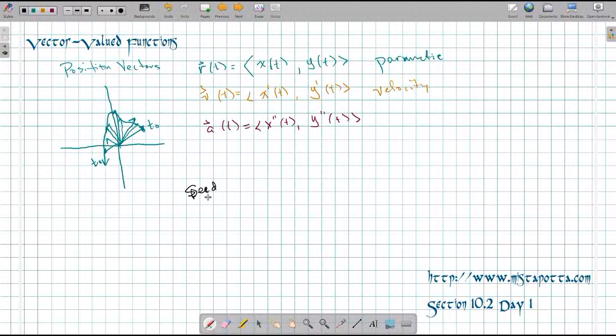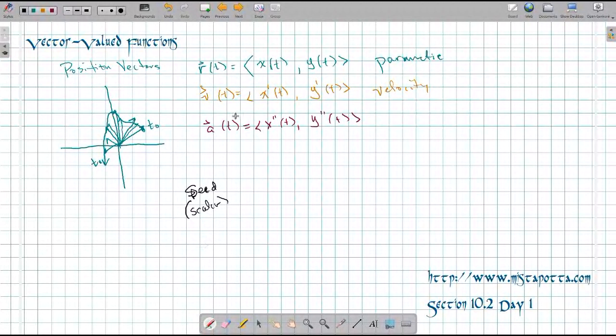I'm moving at a rate of 10 miles an hour. In other words, it's only a scalar value. It's not going to be a vector, so it's not going to have two components. It's just going to be a number.